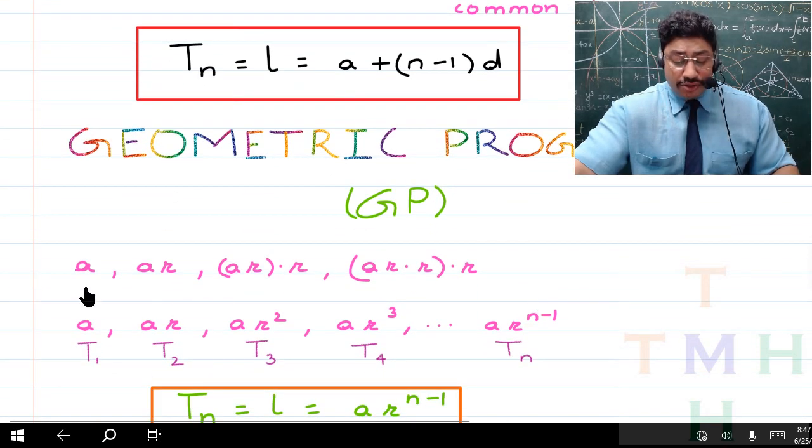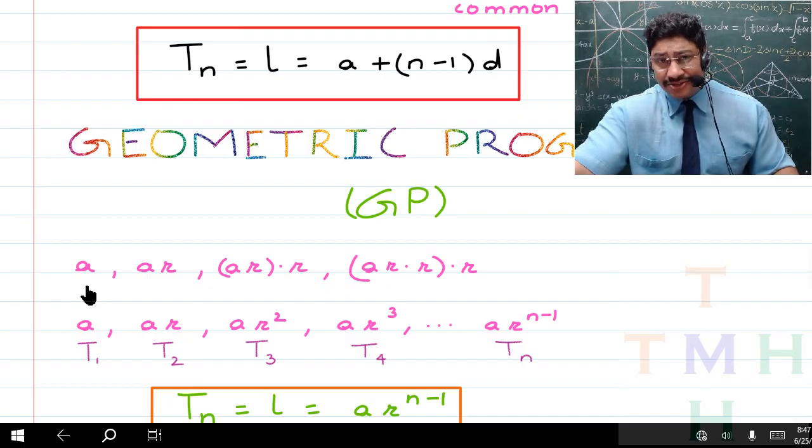Now, if you talk about a geometric progression, if we have a term, then that number, if it is multiplied by a constant, right, then you get the second term. Now again, to the second term, if you multiply the same constant, then you get the third term, and that goes on.